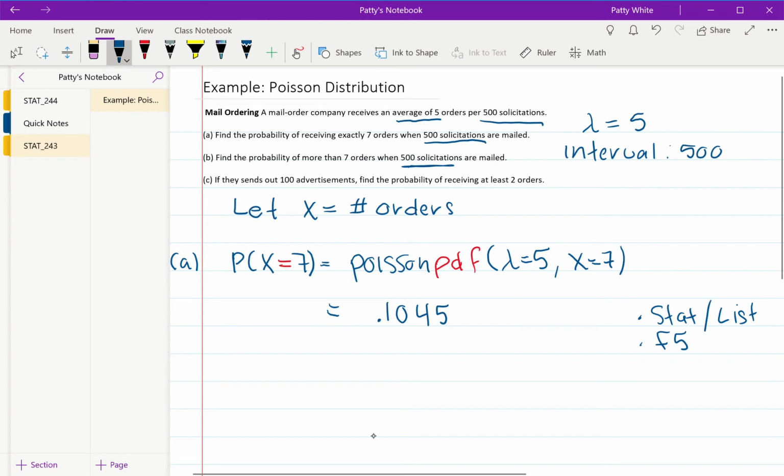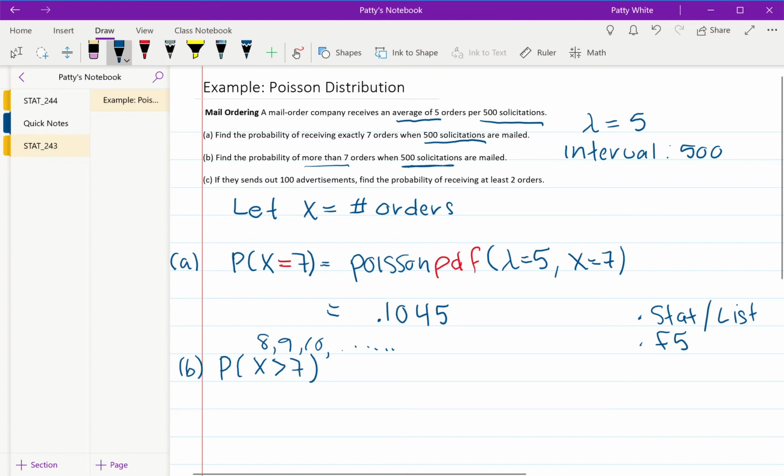But part B asks for more than 7 orders. So we're trying to find the probability that x is strictly greater than 7. We can't have 7, it has to be more than 7. So really we're looking for the numbers 8, 9, 10, and so forth, all the way to infinity.